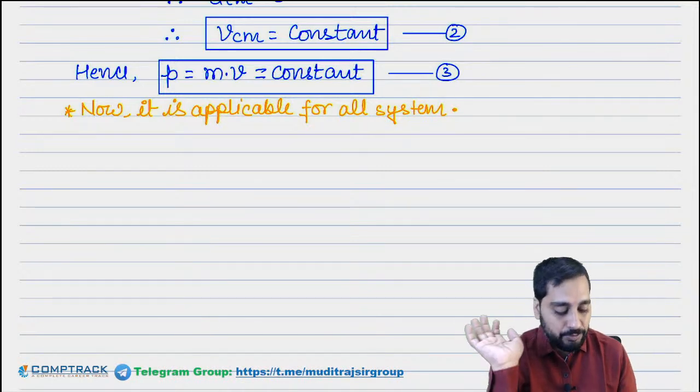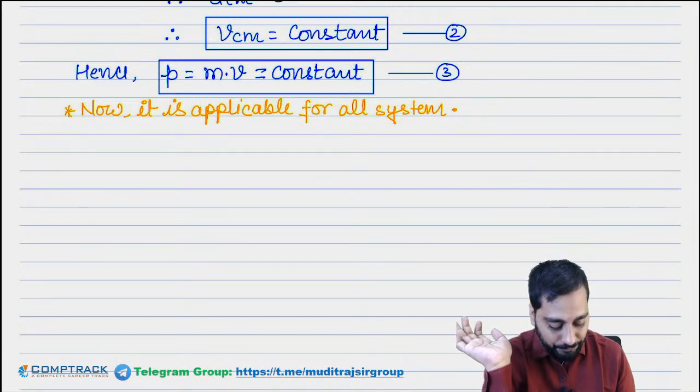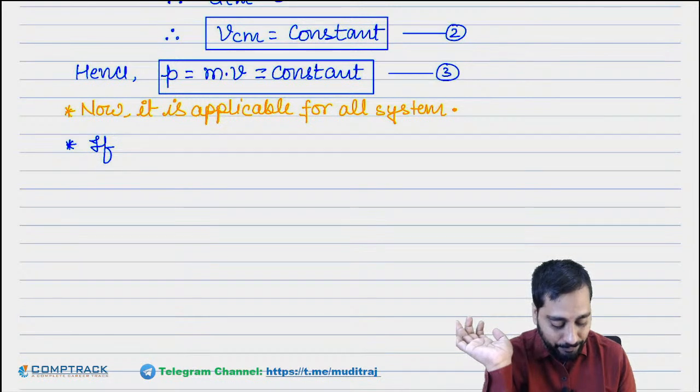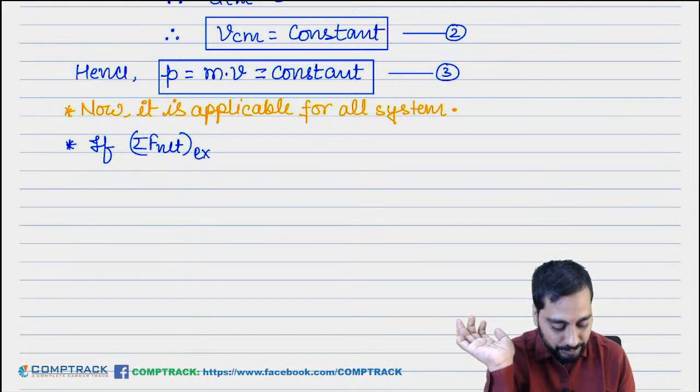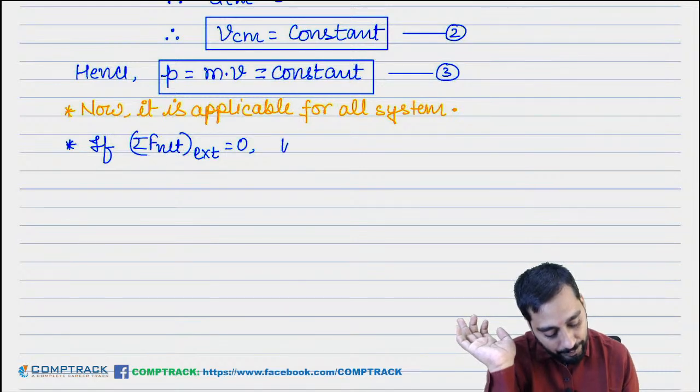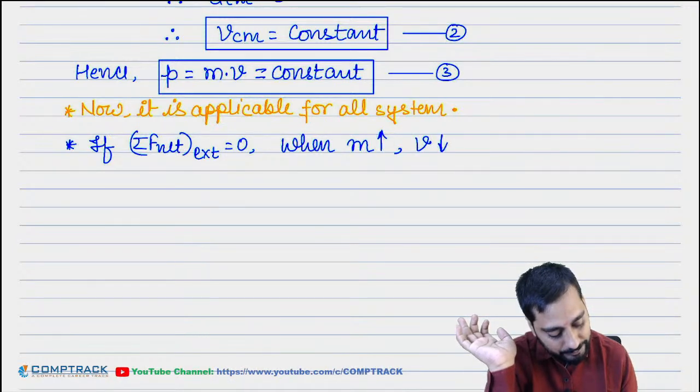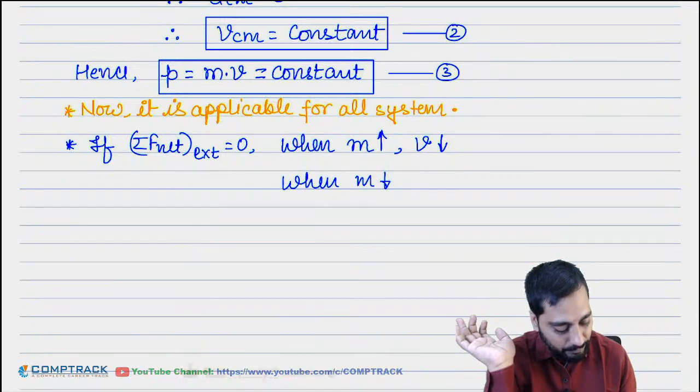Okay, so if net external force is 0, then when mass will increase, velocity will decrease, and when mass will decrease, velocity will increase, like this.